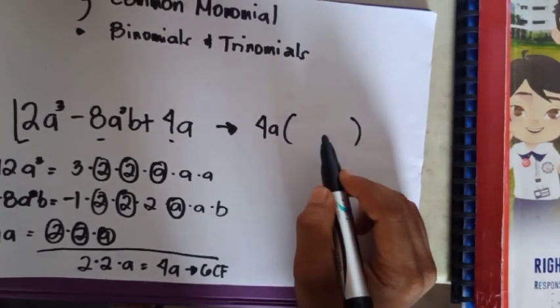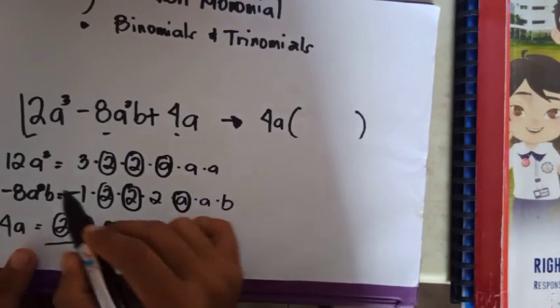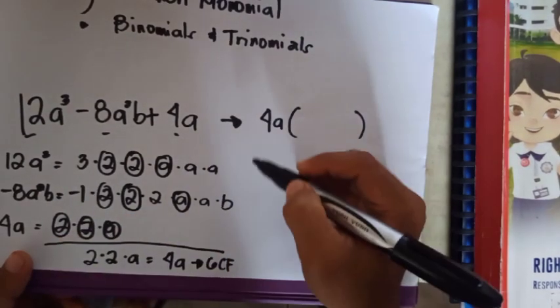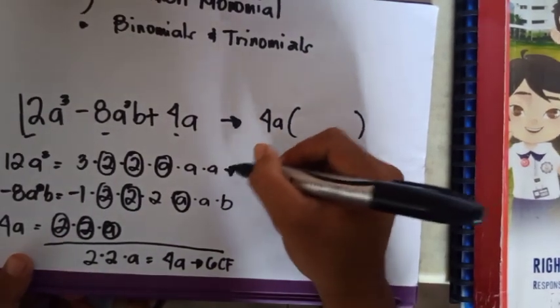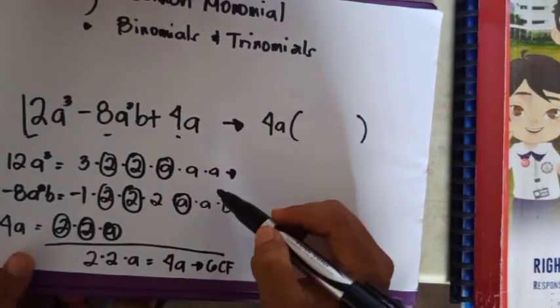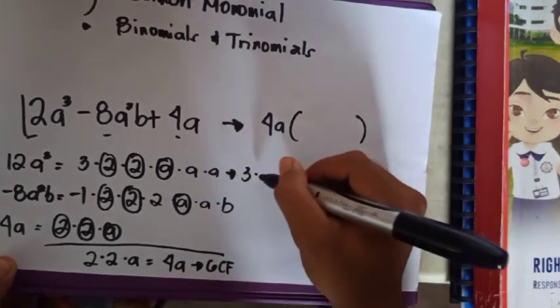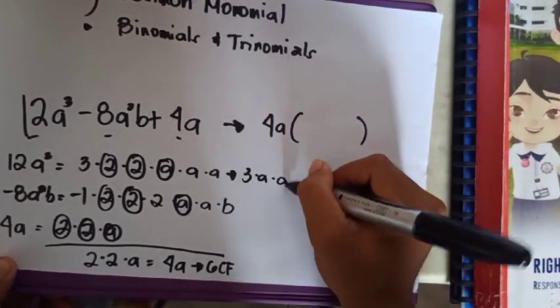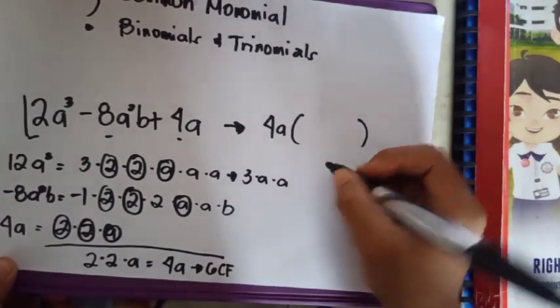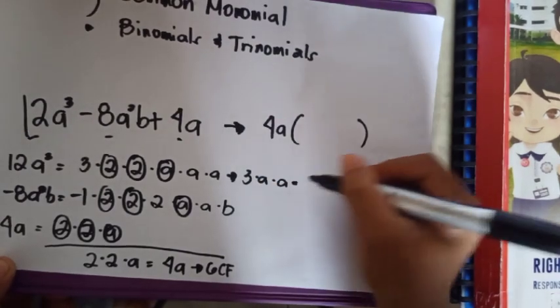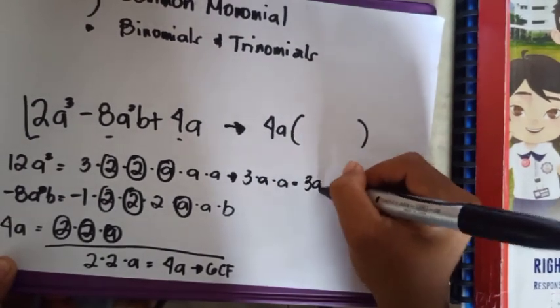What will be your other term? Let's first look at the first term. What's left? It's 3 times a times a, right? And then you just multiply this all. It's going to be 3a squared.